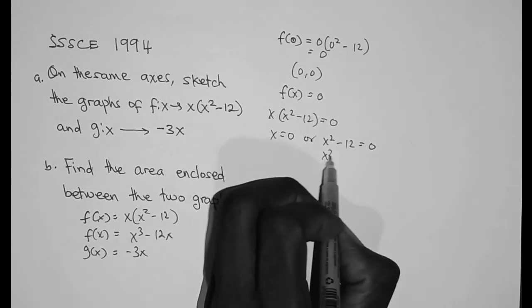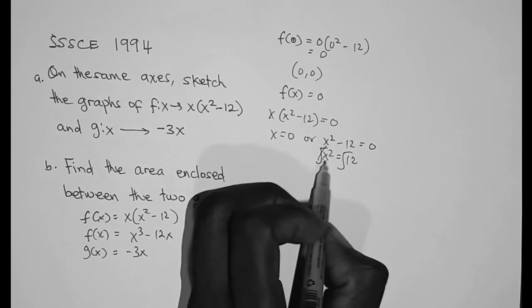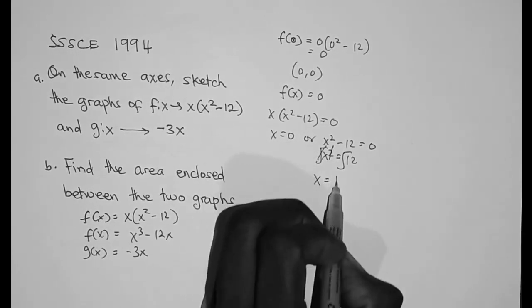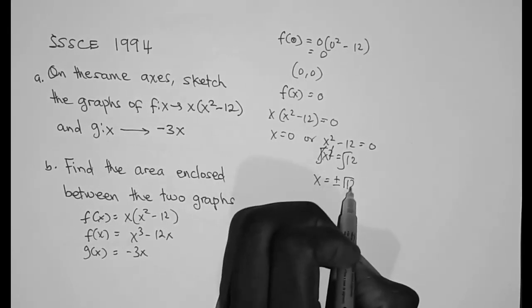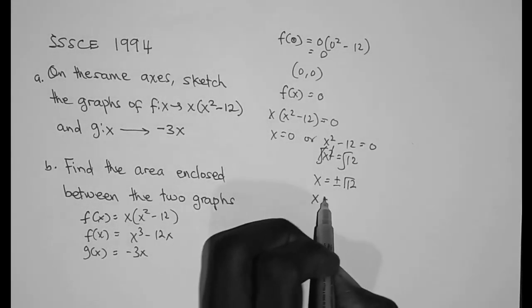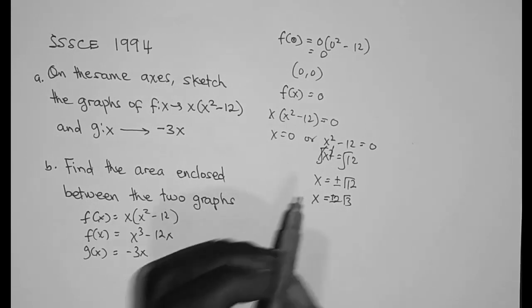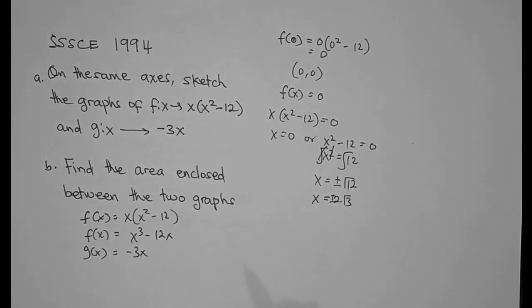So x squared is equal to 12 if you take the square root of both sides. x is equal to plus or minus square root of 12, and plus or minus square root of 12 is equal to plus or minus 2 root 3.